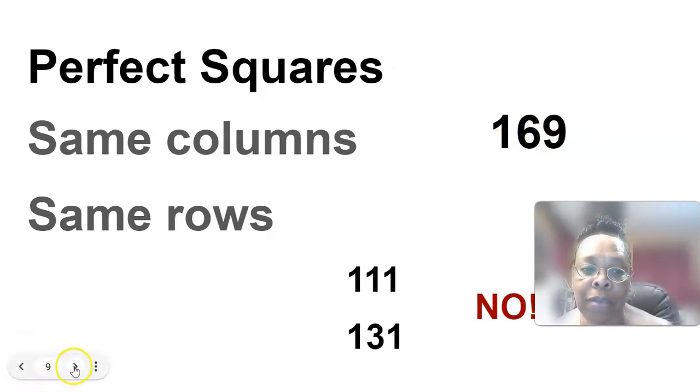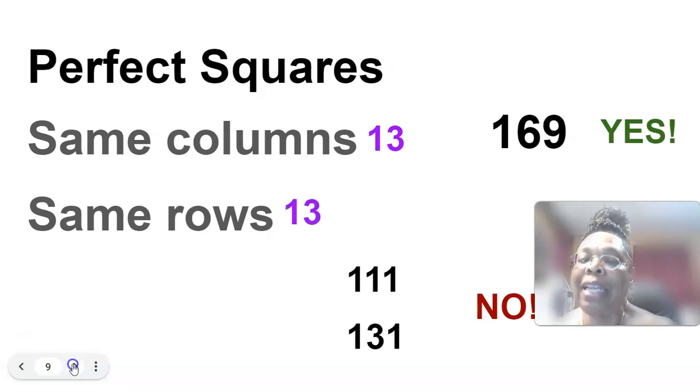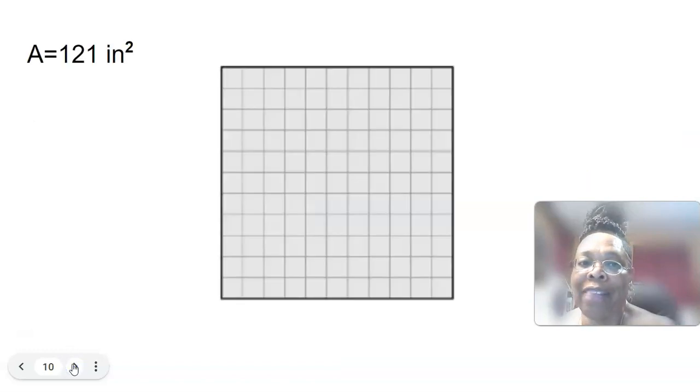What comes up? Do you get a whole number with no remainders? Yes, that's 13, because 13 columns, 13 rows times itself gives you 169. 169 is a perfect square and 13 is the root.